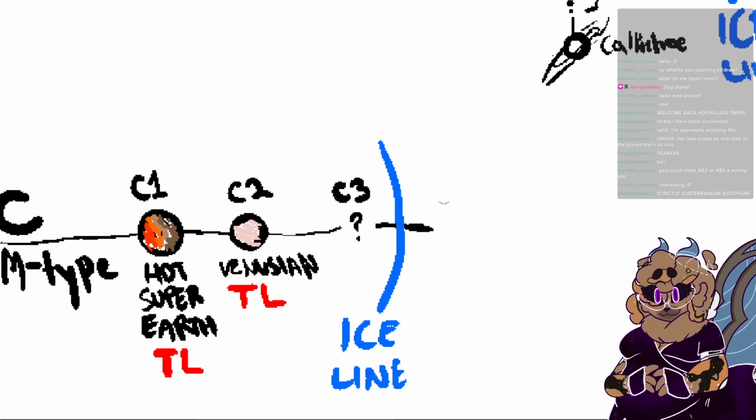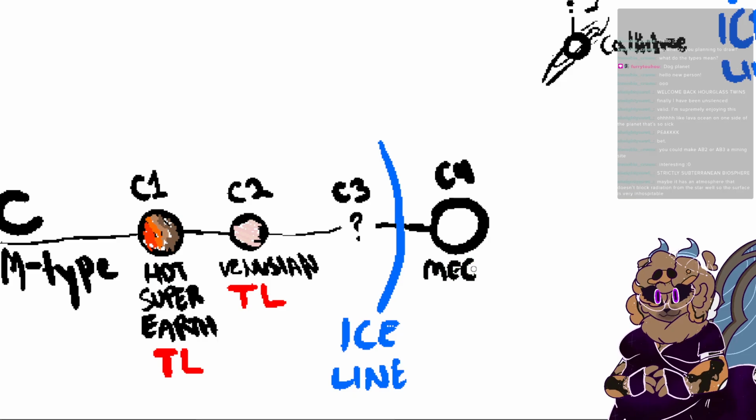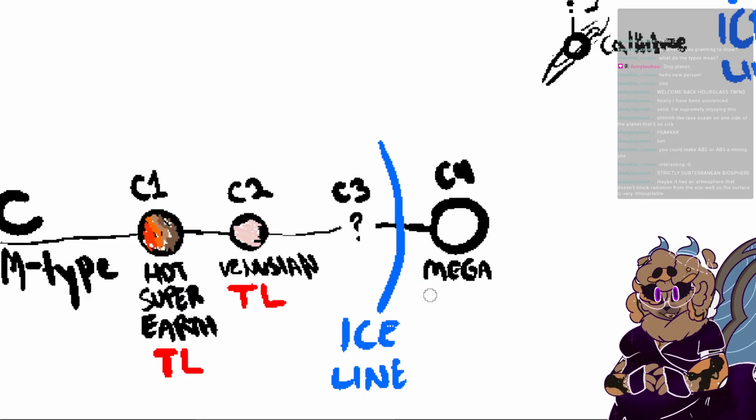Okay, I think for the next planet here, I want to have a mega Europa. That would be fun. Like, C4 here will just be a gigantic ice world. Maybe it has an atmosphere that doesn't block radiation from the star well, so the surface is very inhospitable. That could actually be cool.